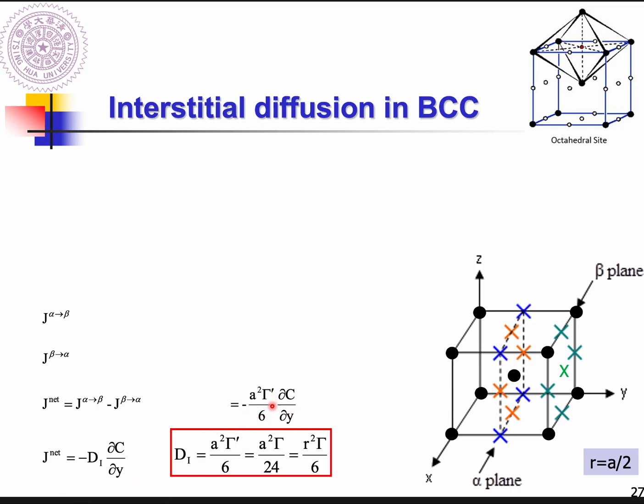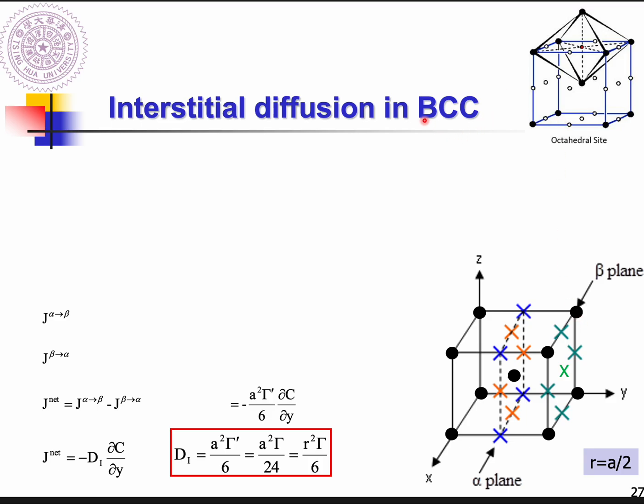The rest of the part will be the diffusivity of these interstitials, because the rest of the parts are the same, right? So the idea is that. Our purpose is to formulate the flux of interstitials moving from alpha to beta. Okay, so this is the idea.